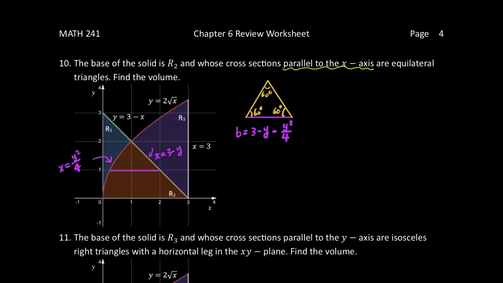Okay, it's up to you how to find the area of an equilateral triangle. You can find the height, then do 1/2 base times the height. Or you can use the formula of 1/2 AB sine theta.